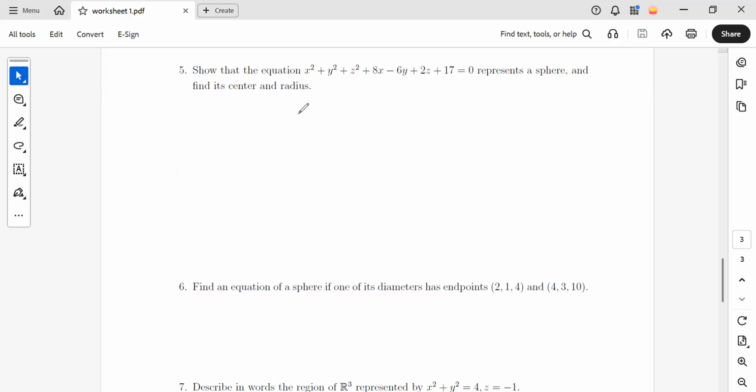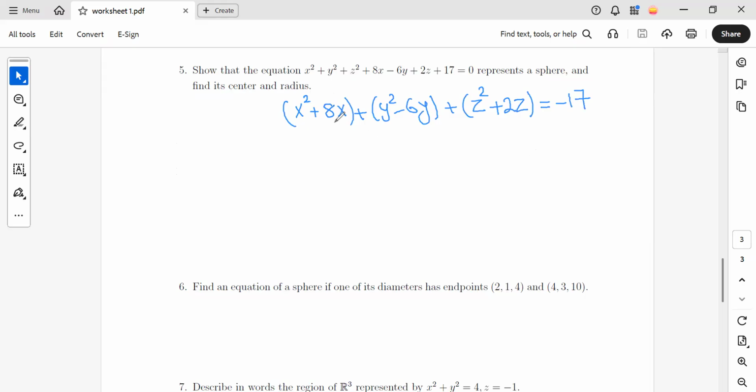So for this one, we're going to make groups of x's, groups of y's, and a group of z's. And -17 goes to the right.